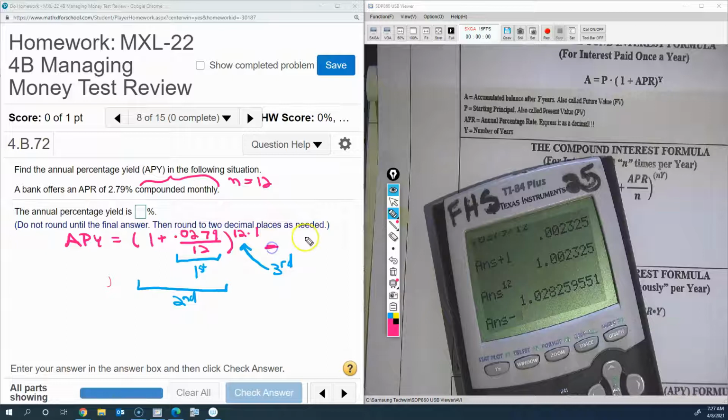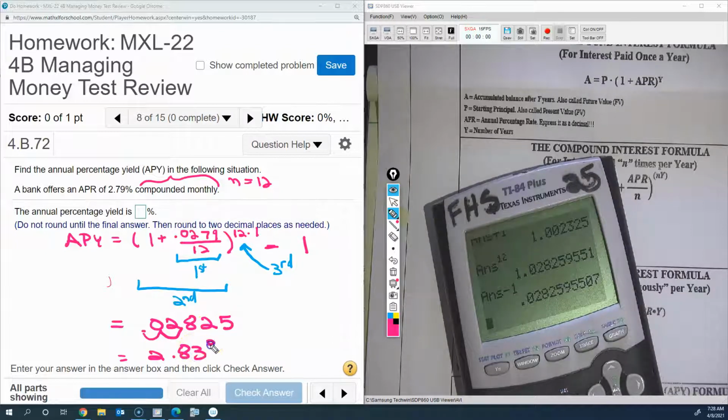Remember this, subtract 1. So we do that fourth, and then that is your percent. 2.8, and that 2 would round to a 3. Okay, so you round at the very end.